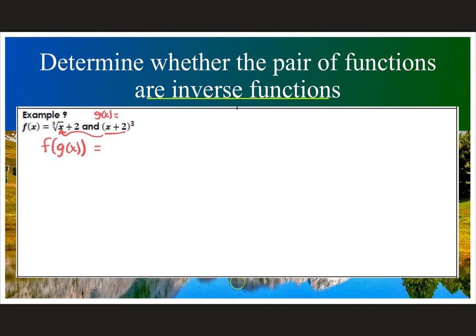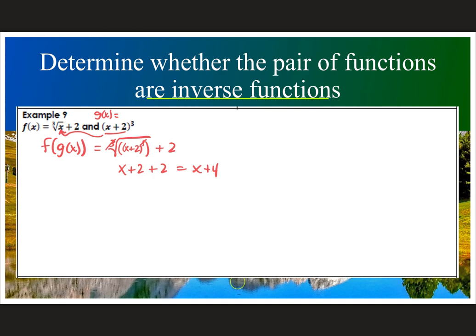So I'm going to start by writing the cube root of something plus 2. And the something is (x plus 2) to the third. Well, we know that the third root and the third power are opposites. So that's just going to leave me with x plus 2. And then I do plus 2. And that is going to simplify to x plus 4.